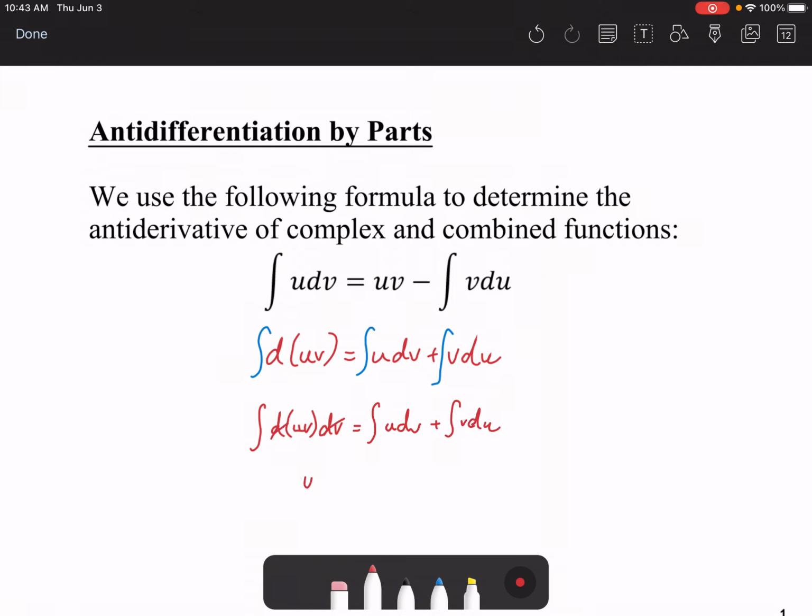These items, so you get uv and then you can rearrange from there.